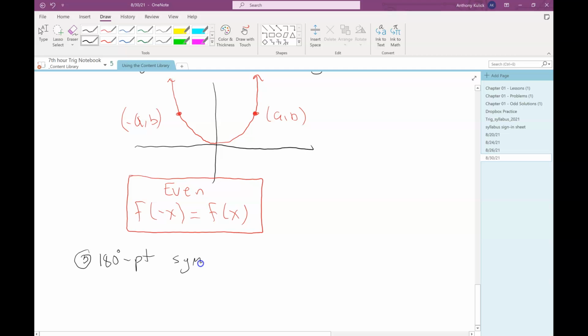The next one is 180-degree point symmetry with respect to the origin. I'm going to abbreviate the word point as PT, and then I still use that WRT for with respect to.